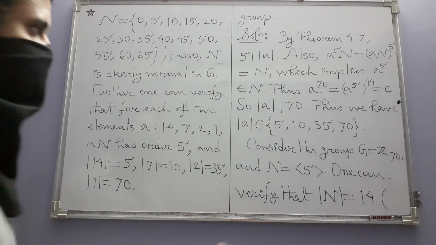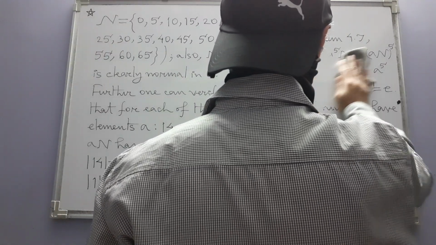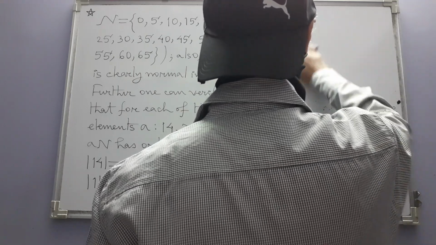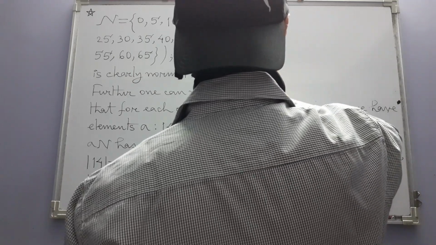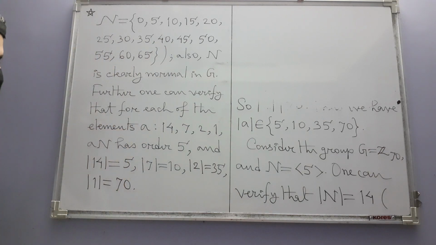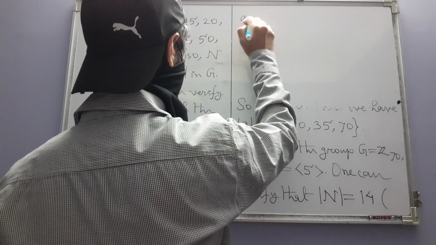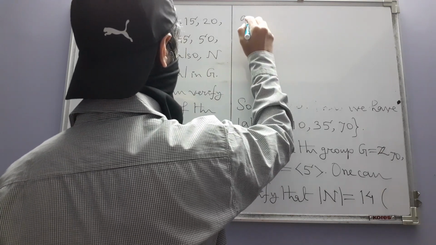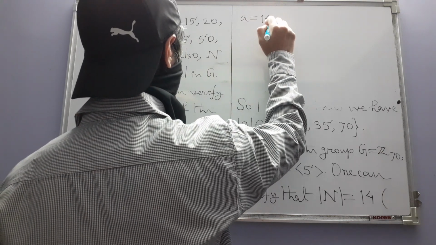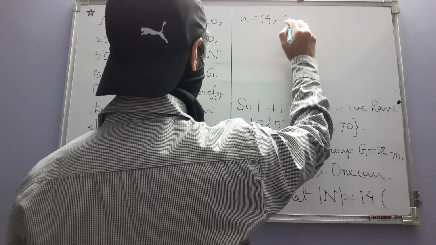So let us just have a very brief discussion about how one would go about verifying this thing. Say A is 14. Then what about An?